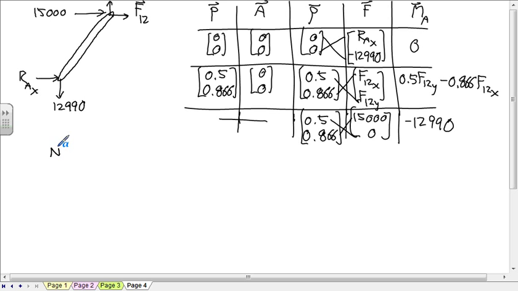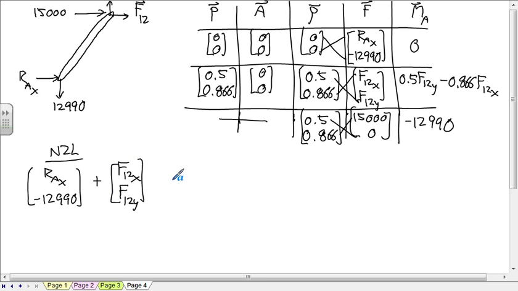So Newton's second law says RAX, negative 12,990 plus F12X, F12Y plus 15,000, 0 is equal to zeros.